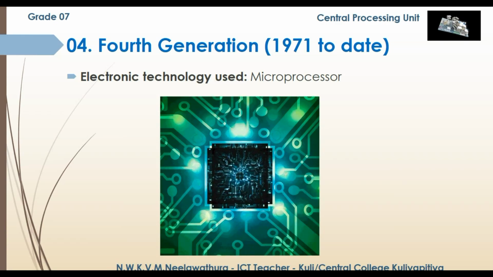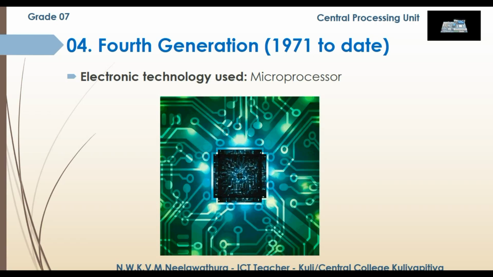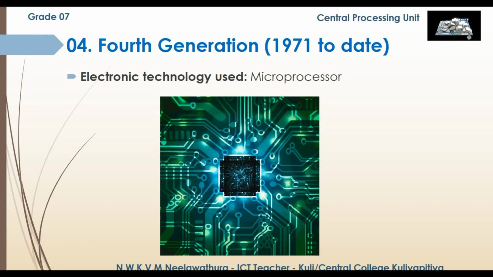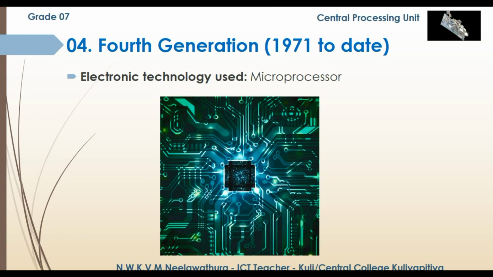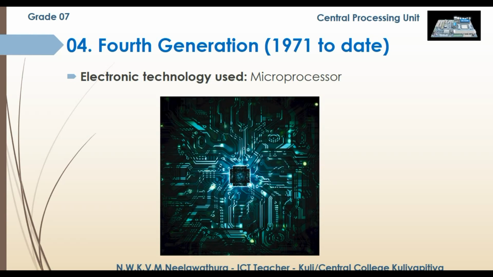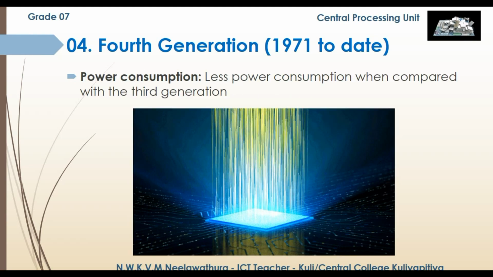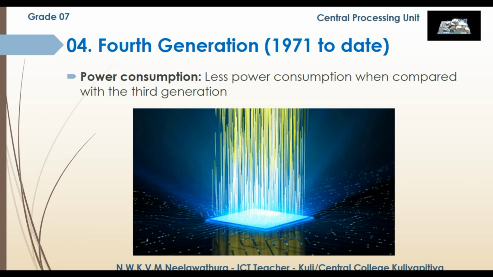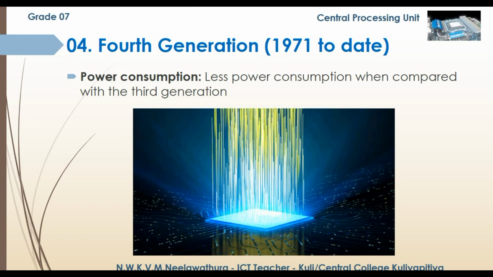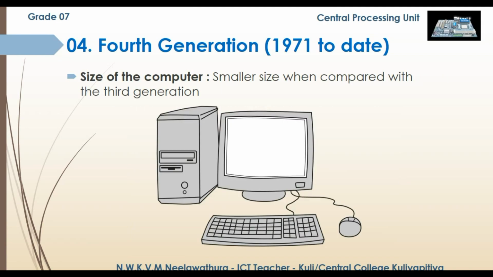Let's go to fourth generation, in 1971 to date. Electronic technology used is the microprocessor. Power consumption: less power consumption when compared with the third generation. Size of the computer: smaller size when compared with the third generation.